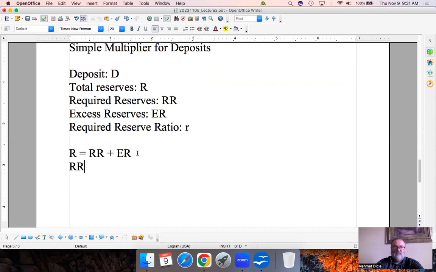The required reserves are deposits times the required reserve ratio. Simple, right? So then what we can do is the total reserve is equal to deposits times the required reserve ratio plus the excess reserve. See, simple. So from this, we're going to have to take the deposits out because we're simply looking for a multiplier for deposits.